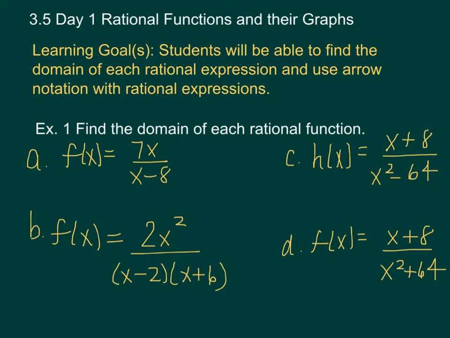Now in the previous section we were doing the restrictions. Domain is a little bit different because we're going to use interval notation. So what you're trying to do is find the values of x that you can use without making the denominator 0.